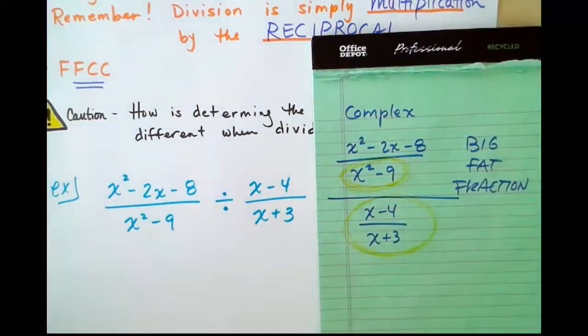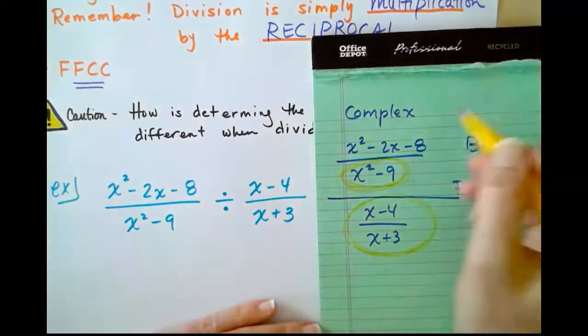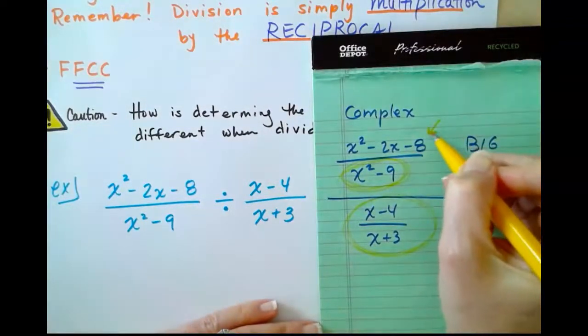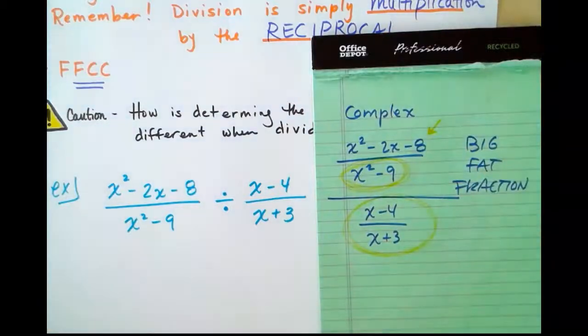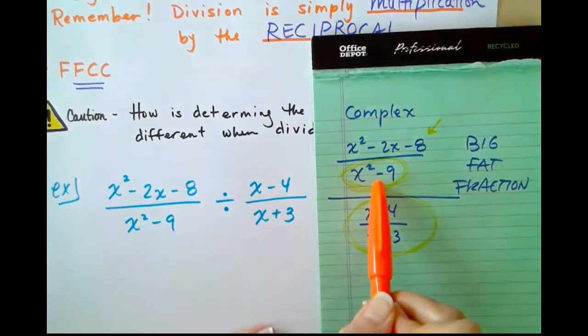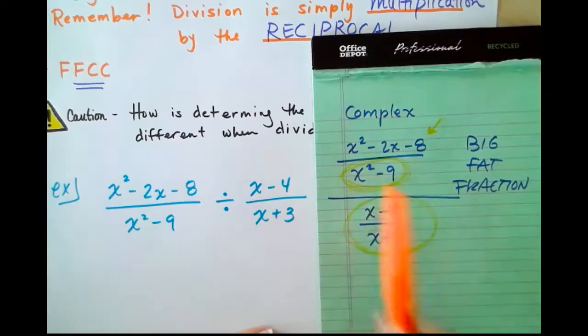The only part of the complex fraction that's not a denominator is the very tippy top expression. Which means whatever will make this equal to 0 must be excluded from the domain.